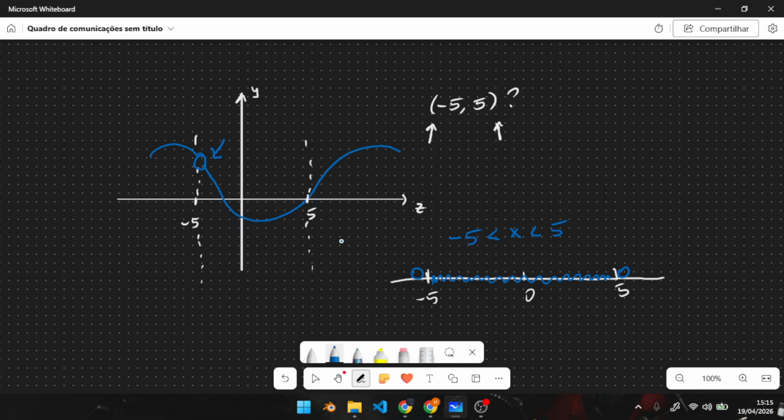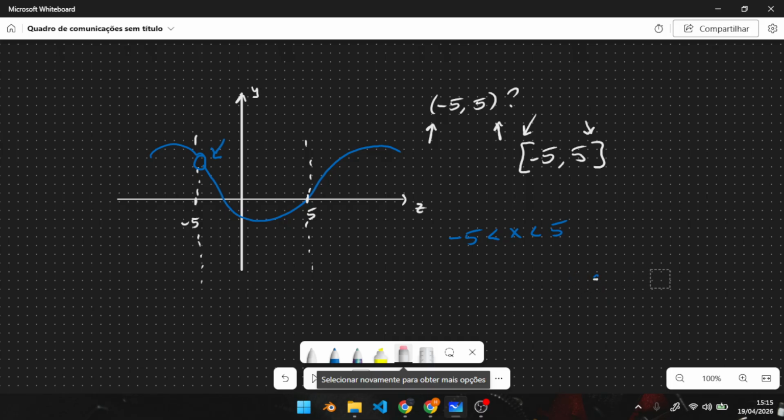Okay, now this is different than if I asked you, is the function continuous in the interval minus 5, 5? Now you see, before we were using parentheses, now we're using brackets. I think that's what the name of these things are. Now when we are using brackets, things change, because we're not talking about this interval right here anymore.